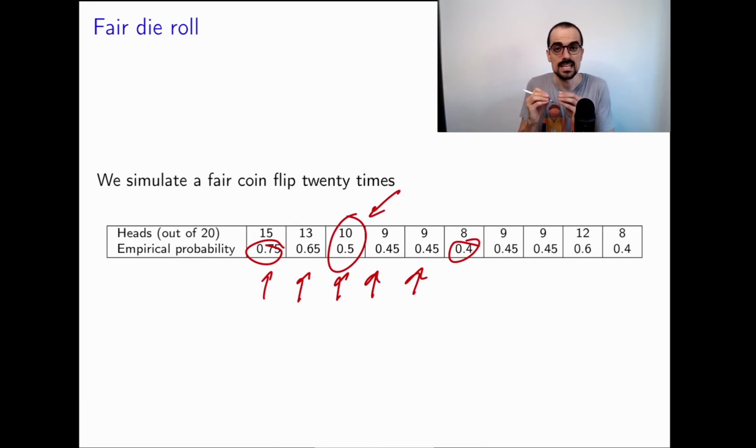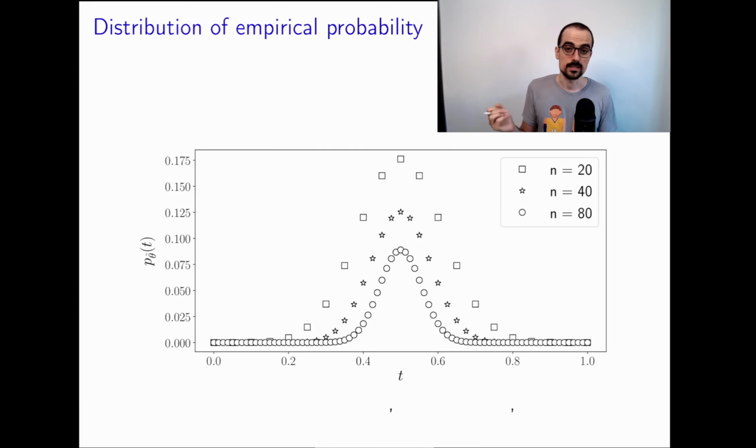So now we can actually analyze this situation mathematically using the derivation that we just obtained, because we know the distribution of this number under the assumptions that the coin flips are independent and each of them has the same probability. So we can go ahead and plot it.